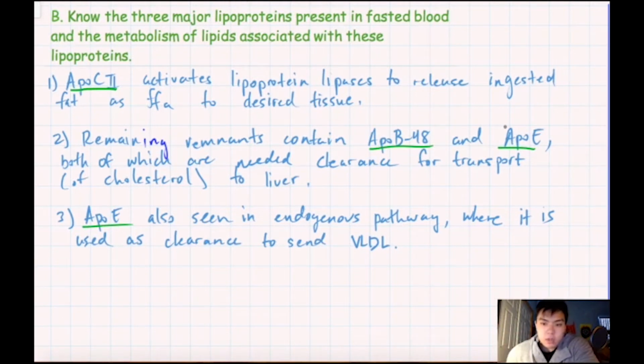Additionally, ApoE also works as the lipoprotein that helps the chylomicron get into the cell via endocytosis.